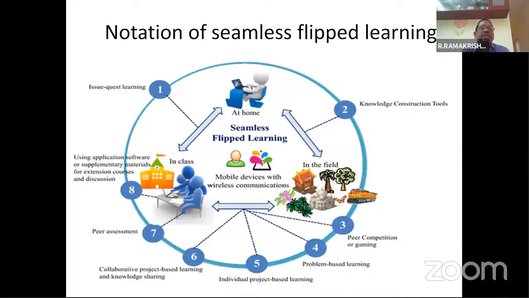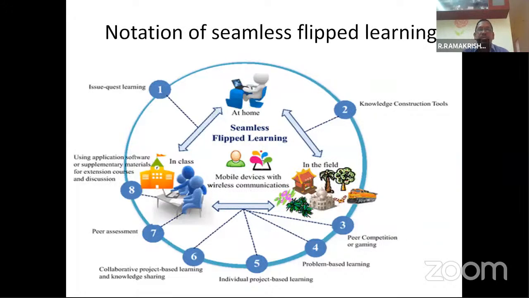The first one is issue-based learning, that is the interaction in class and at home using issue-based learning. Then knowledge construction tools. These are the different devices used to discuss and apply in class to develop the knowledge, to understand the concept fully and to apply what they learned in school or college.